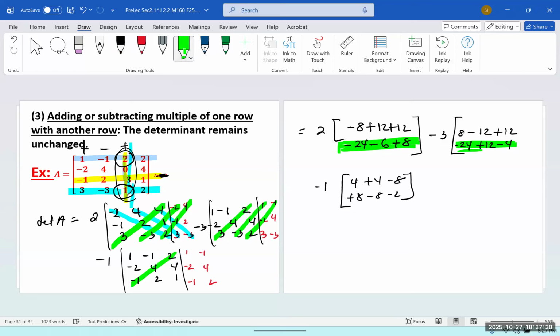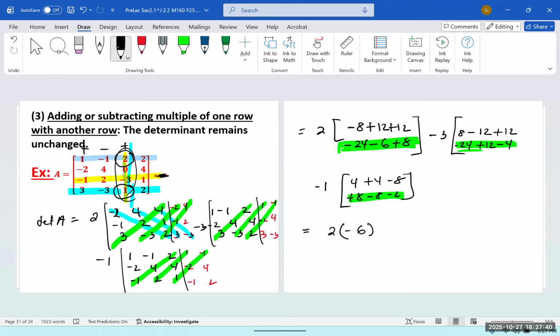So again, these are the right diagonals you're subtracting. That would be negative 6?